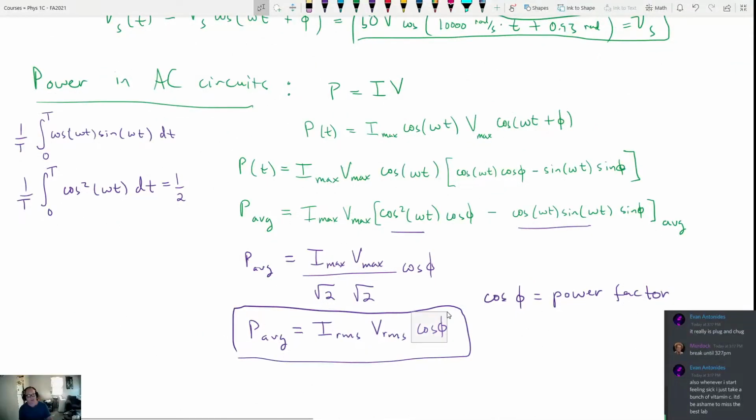What that implies is that the maximum power you can get out is when cosine phi is equal to its maximum value, which is 1. And that's only going to happen if phi is equal to what? What does phi need to be for cosine phi to be equal to 1?